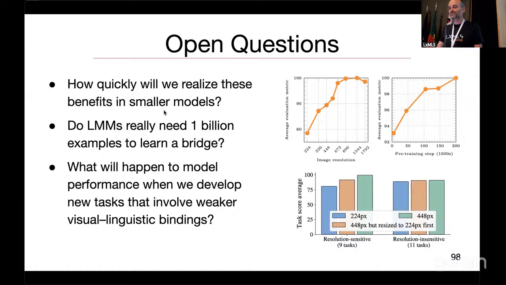And there's also a question of what will happen to model performance when we're starting to develop new tasks that have much weaker visual linguistic bindings. So things like visual question answering can probably be served really well by some of these strategies. But if you want to do in-language exam question answering in multilingual settings, maybe you do need richer models with larger visual representations.